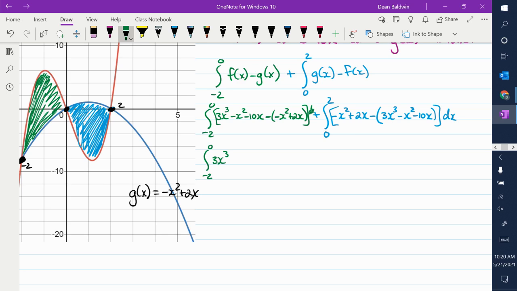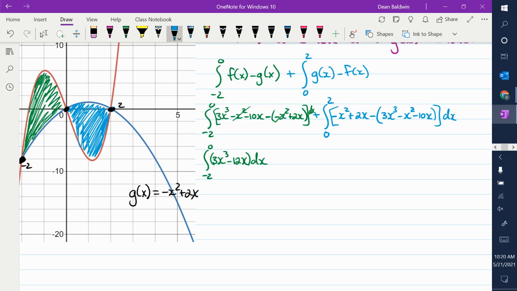What happens to the x squareds? They go away, so they're bye-bye. -10x minus 2x is -12x. So that is simplified nicely.